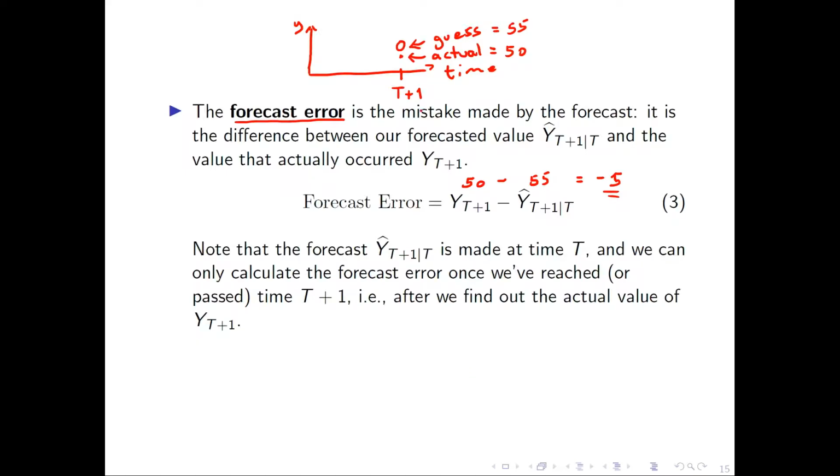And it's quite important that we realize that our forecast is made at time equals T, because this is how much information we have, okay? And we can only observe the forecast error when we actually arrive at the time of the forecast, in this case, at time T+1.